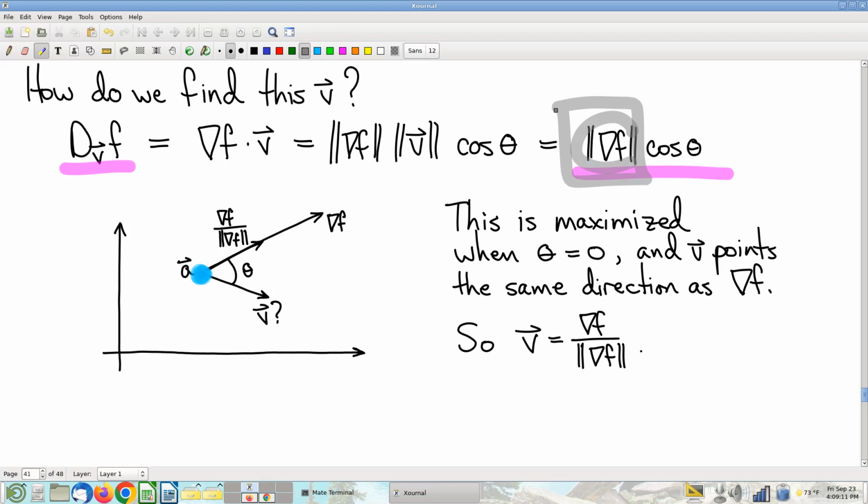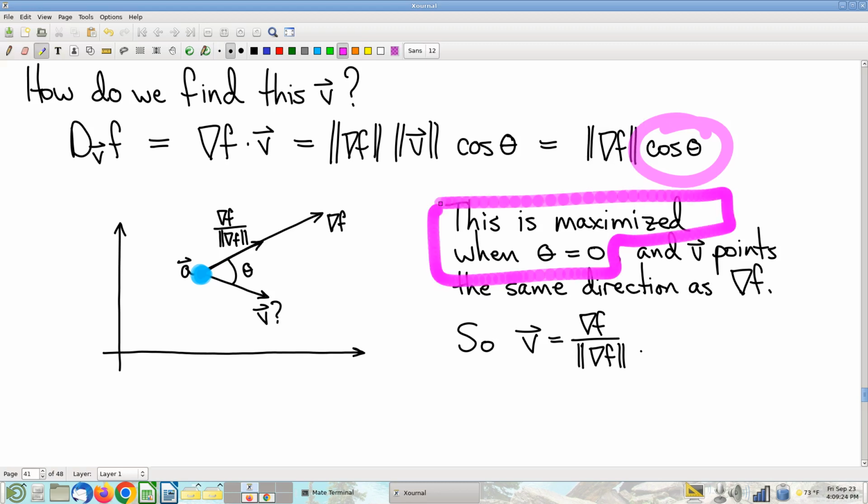Really, if you get right down to it, the thing that I need to maximize is cosine theta. If I can maximize cosine theta, we win. And maximizing cosine theta is easy. You maximize cosine theta when theta is equal to 0.